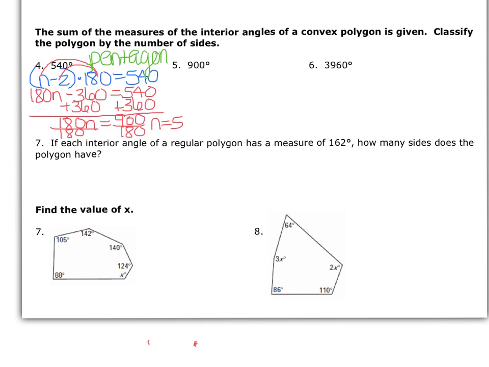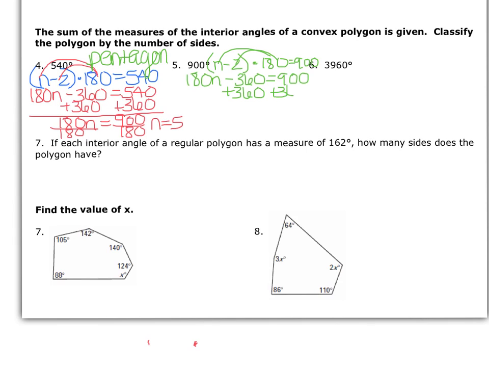All right, so here in number 5, we get 900 degrees, so we're going to work this backwards. So n minus 2 times 180 is equal to 900. We're going to distribute that 180, so that gives us 180n minus 360 is equal to 900.